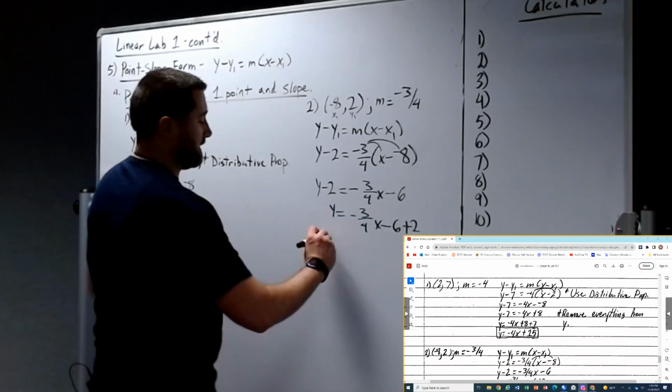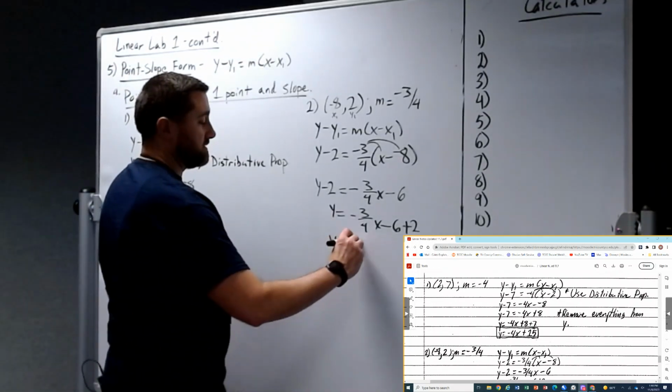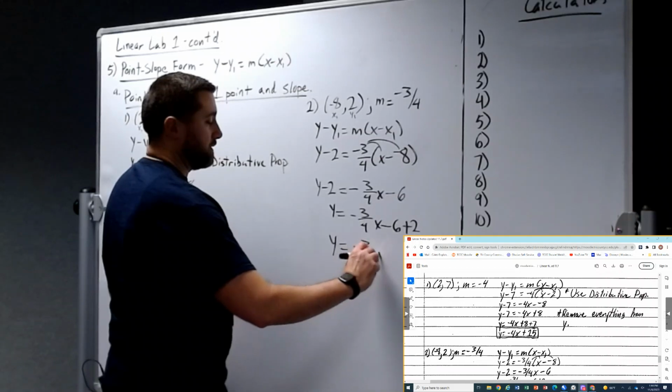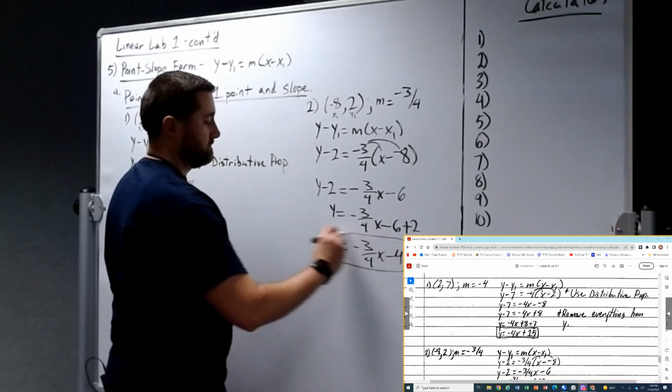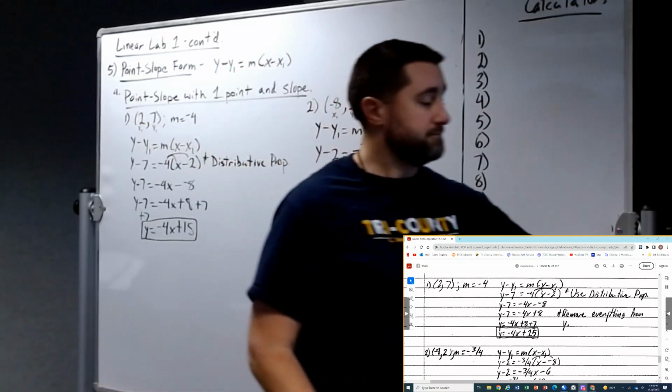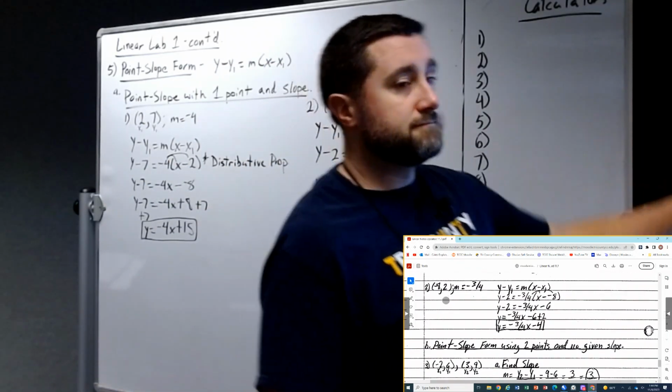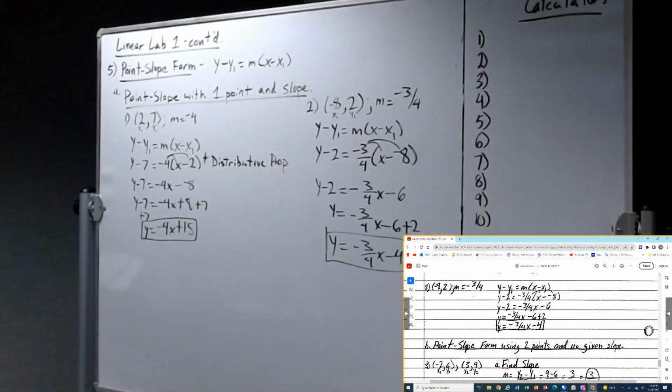So the final equation for this is y equals negative 3/4 x minus 4. Again, that is when you have one point and one slope provided to you.